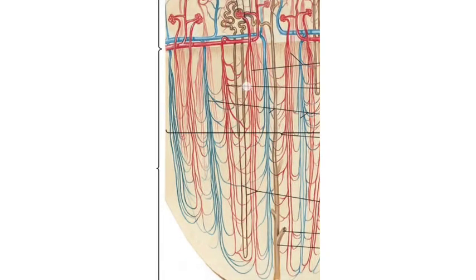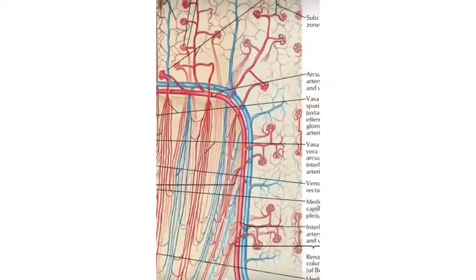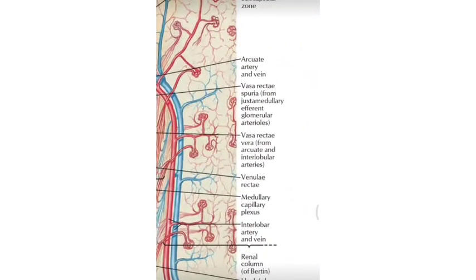This is the loop of Henle, and this is the efferent arteriole forming the straight tubules, or we can call them arteriolae rectae spuriae. Arteriolae rectae spuriae, this one.